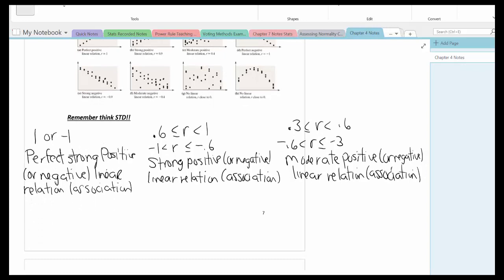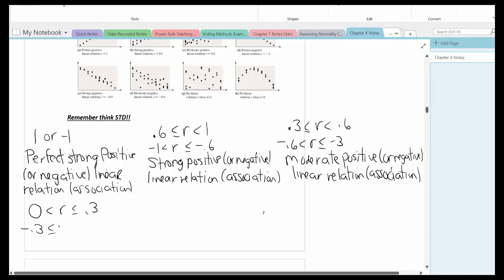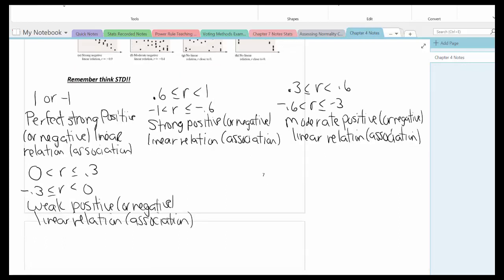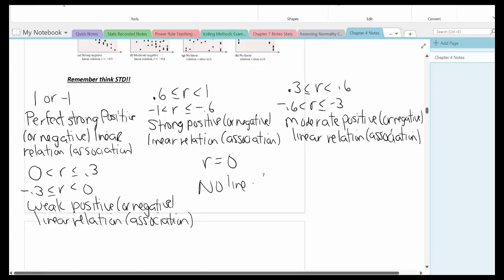All right, suppose you have this now. And this is what I would write here: a weak positive linear relation. And if R is equal to 0, then I would write this. Remember, it's not saying it doesn't have a relation, it's just not going to be linear.